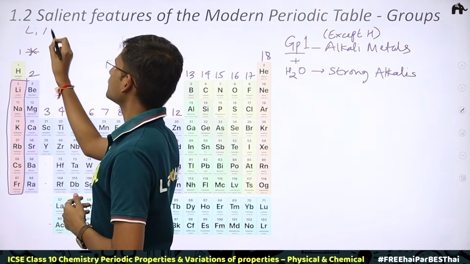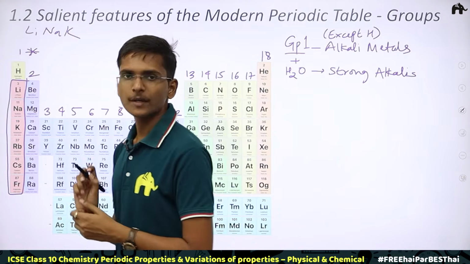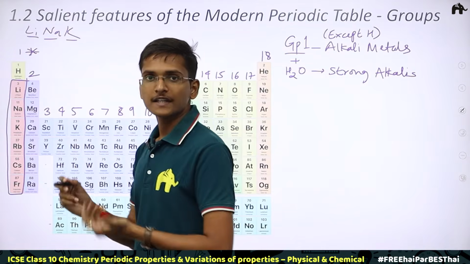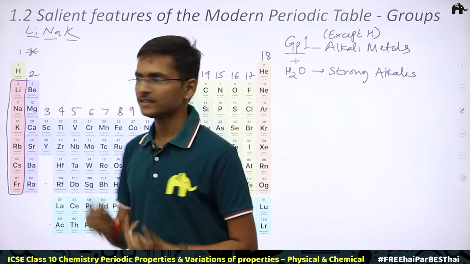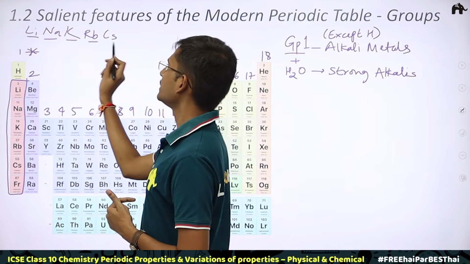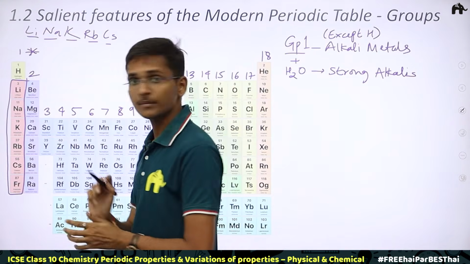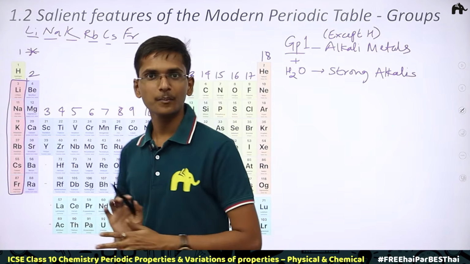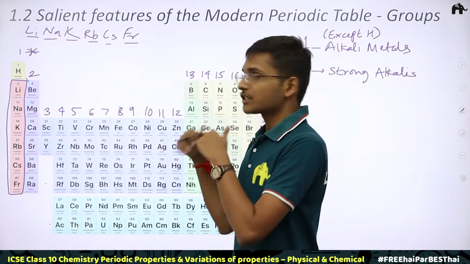You can just remember it in this way: LiNaK. Lithium, sodium, potassium. And then you absolutely know our blood has RBCs, which means rubidium and cesium. And then Fra. You just remember it as Fra, so francium. Now let's move on to group 2.